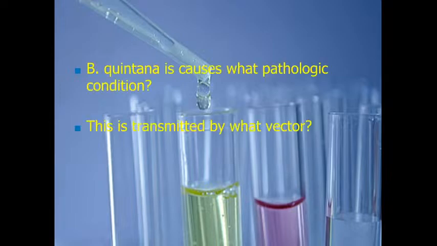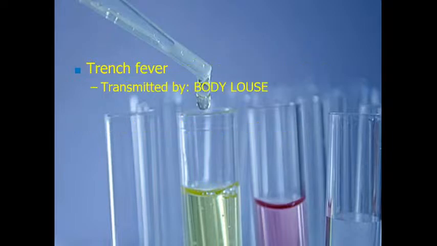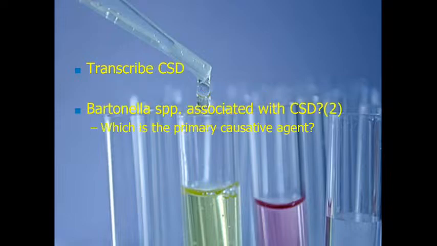Now, we have another microorganism associated with the family of Bartonella. We have Bartonella quintana. It causes trench fever, which is transmitted by a vector, the body louse. We have CSD, cat scratch disease, another species associated with Bartonella.